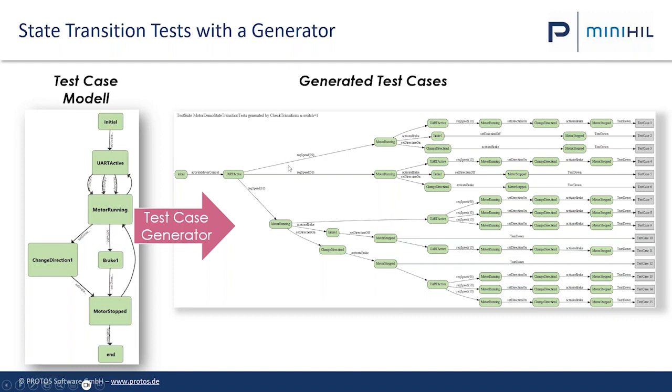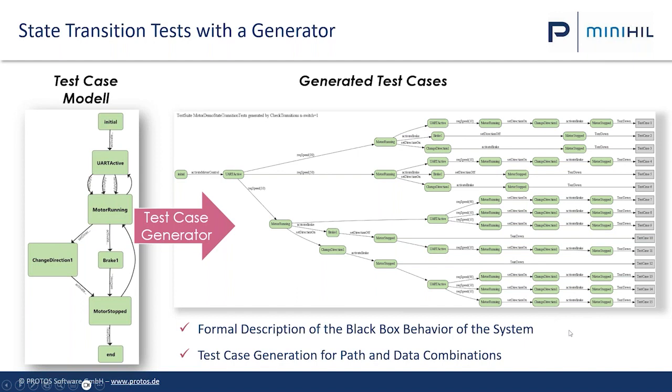In this case, you can see with different speeds, we try out all the different paths here. In this case, the metric is an N-switch metric. It's a combinatorial metric to generate test cases. So the formal description of the black box behavior on the left side leads, with code generation, to the generation of a lot of test paths for different paths, but also for data combinations.